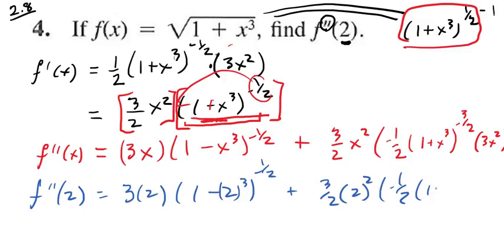If you were doing this on your own, you could shorten this up and do some of this in your head. Like you could write 6 instead of 3 bracket 2. But I'm just showing you so that you know what I'm doing. So this is 6 times what? 1 minus 8 to the negative 1/2.